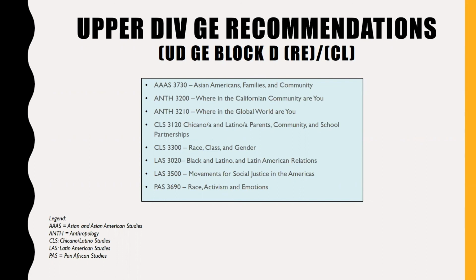There are more options if you look at the upper division GE social sciences course list, but these courses are available and they cover all 3. If you take another one, there's a chance that it may not cover all 3. If that happens, you would need to take an additional course to make sure that you fulfill all 3 requirements.